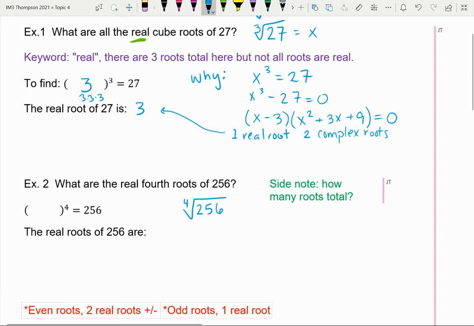So I'm going to give you about 30 seconds. You should have a calculator out. And I want you to try to find what to the power of 4 is 256. Play with some numbers.